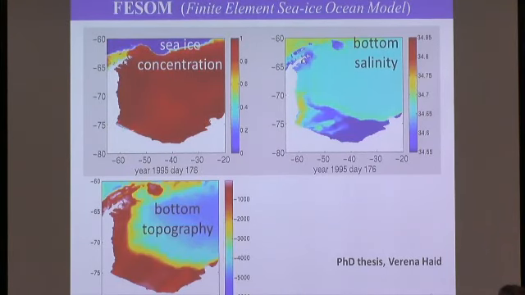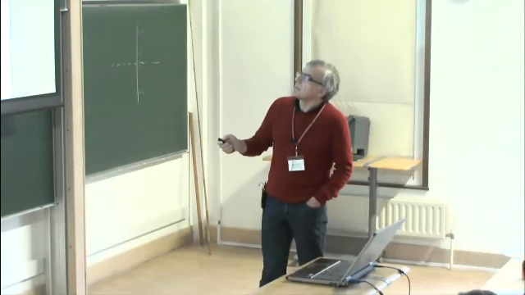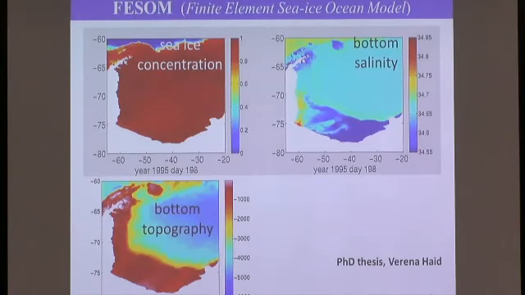So this is sea ice concentration that is shown. You see this bluish spot here is a spot where ice is drifting offshore and water is exposed to cold air. Correspondingly, it refreezes, and when it freezes, of course, there is a lot of brine rejection, and you see here surface bottom salinity events that are forming.